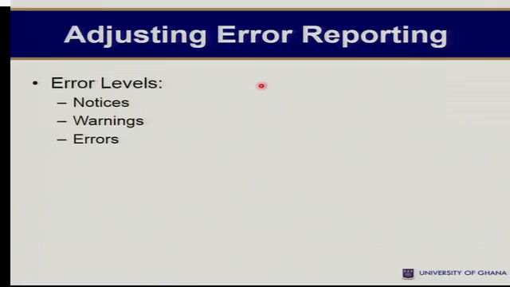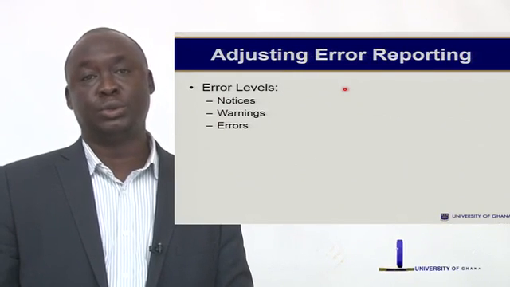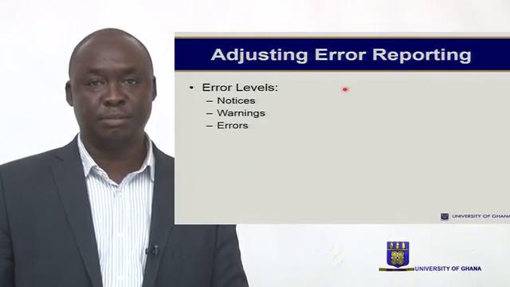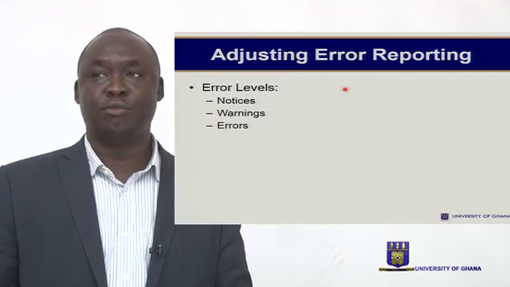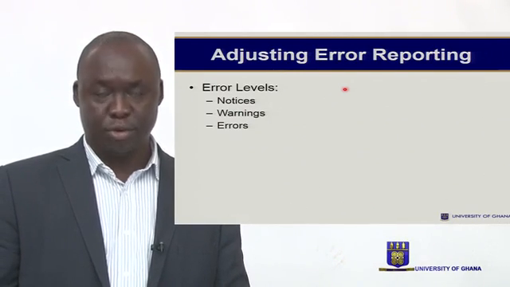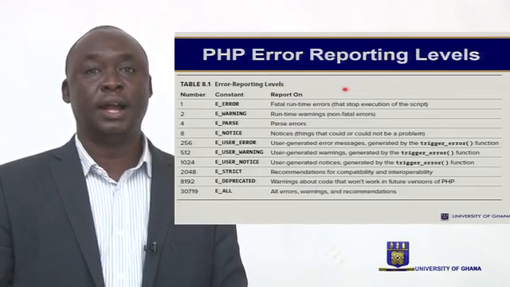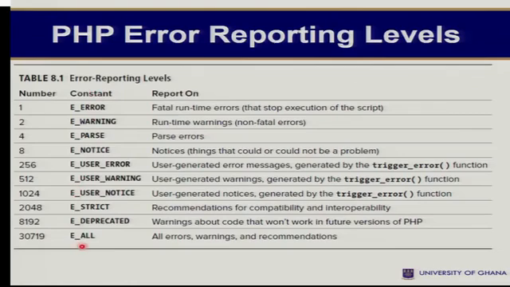Once we say we want to display errors, we also want to have access to different levels of errors that may be coming up from our program. We have notices, we have warnings, and we have errors. This can be done by the error_reporting directive, which takes all of these as constants.